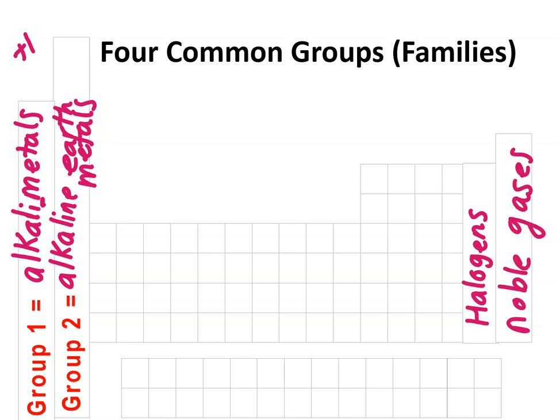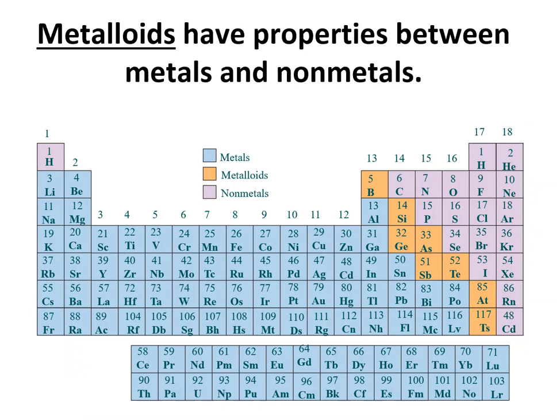I put group 1 here and group 2 because those are very common names for those two. They'll be called those probably group 1 and group 2 probably more often. The other group numbers we don't use quite so much, just those two.